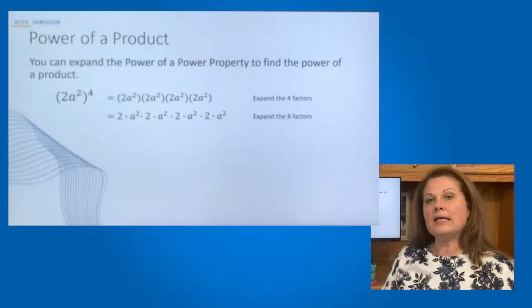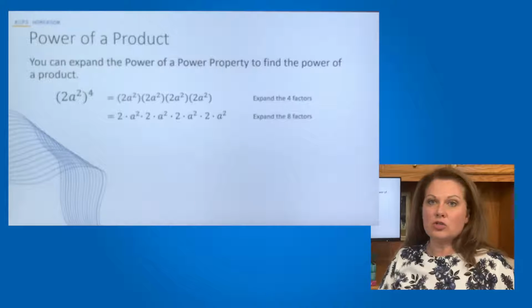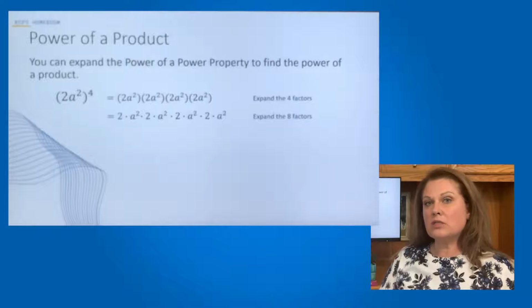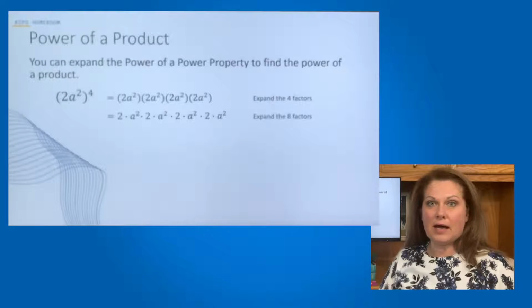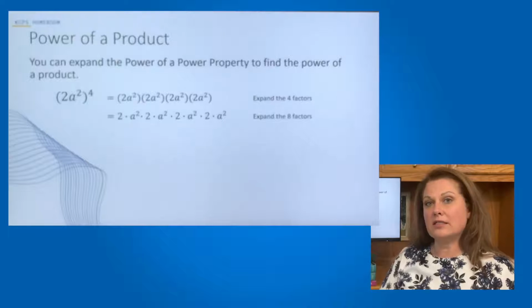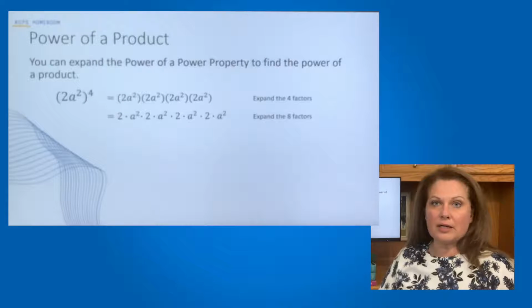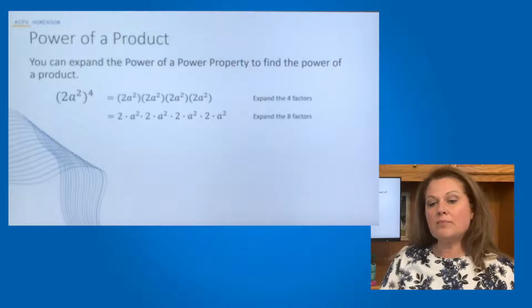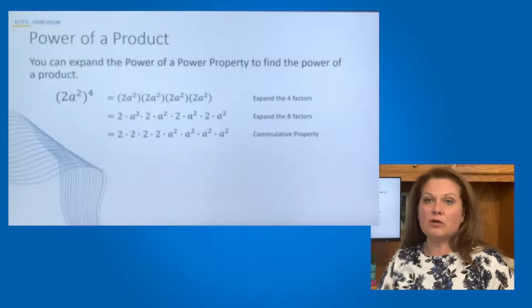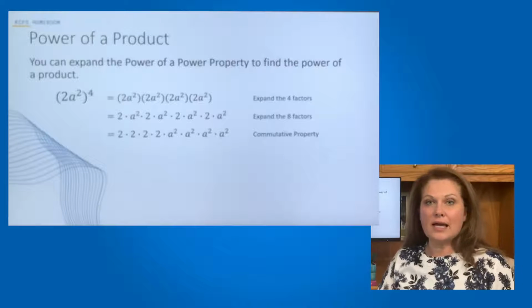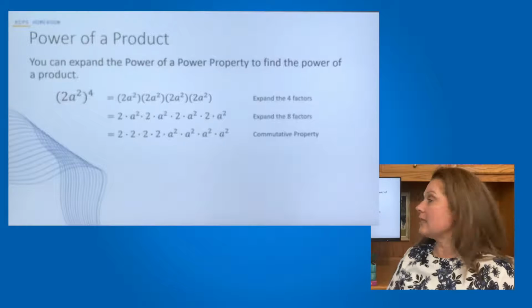So when we break it apart, we're saying 2 times a to the second power times 2 times a to the second power times 2 times a to the second power times 2 times a to the second power. If I rely on some of my other properties, I can say the commutative property allows me to group like bases together, like coefficients as well.